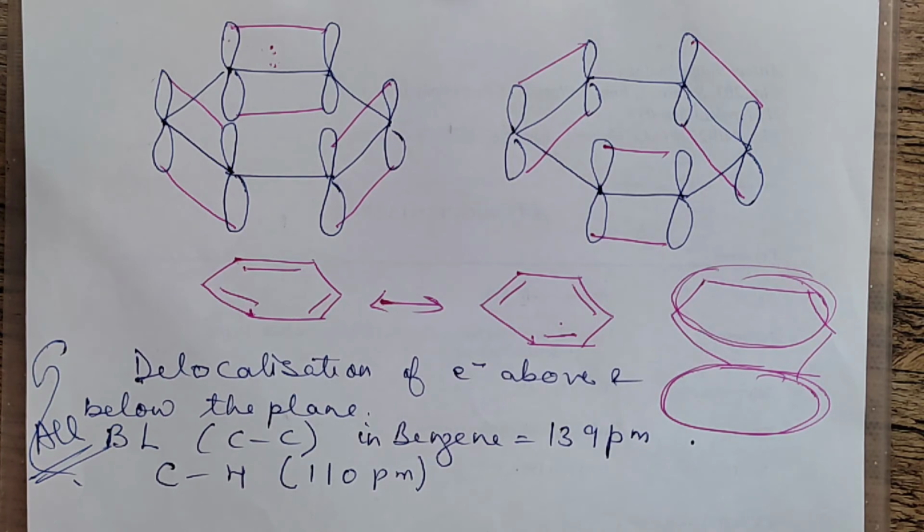Explain. Or they are equal, give reason, though it is having alternate single and double bonds. So you will write down on the basis of delocalization of electron cloud. So which makes all the carbon-carbon bond lengths in benzene equal, that is 139 picometer. Okay, and one more thing is that the dipole moment in benzene is 0. So it does not show any type of isomerism.